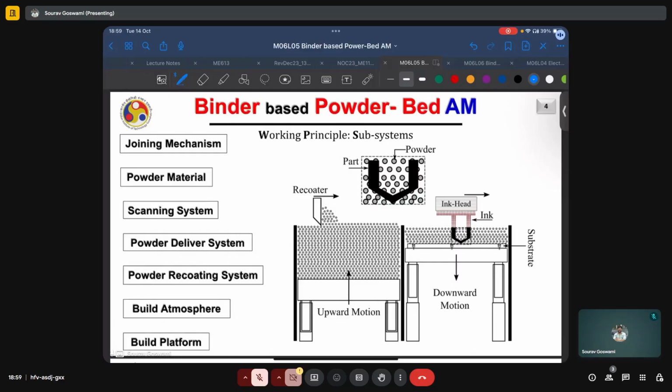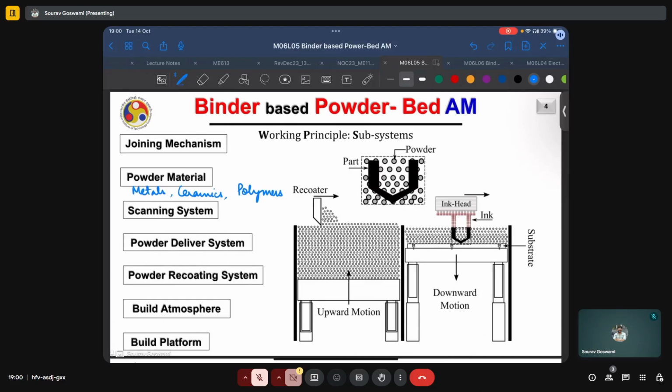The powder material which can typically be processed using binder jetting ranges across a wide variety of materials. It can process metals, ceramics, polymers, or even a combination of these into a multi-material.